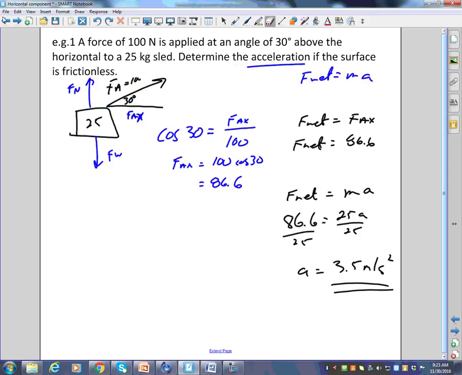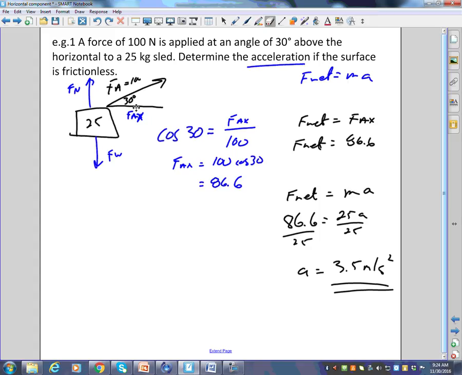Is FAX always going to be the cos? You hope so. Cosine is always adjacent over hypotenuse. The hypotenuse is always going to be the applied force. Is the adjacent always going to be the FAX? 99.8% of the time, yes.